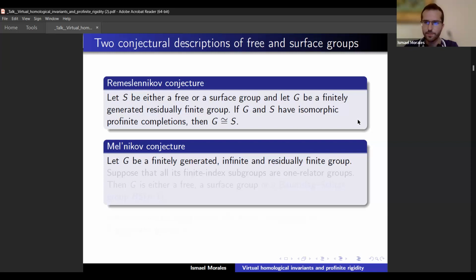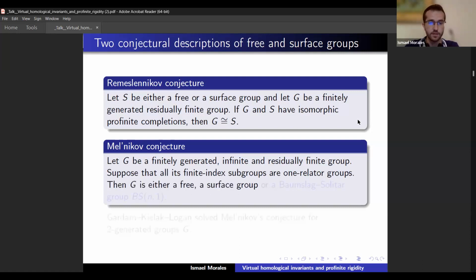The one I wanted to mention is this: a finitely generated infinite residually finite group that has the property that all finite index subgroups are one relator has to be of a very specific form, namely a free group, a surface group, or a Baumslag-Solitar group of this form. Basically, just one of the only residually finite Baumslag-Solitar groups. These are also examples.